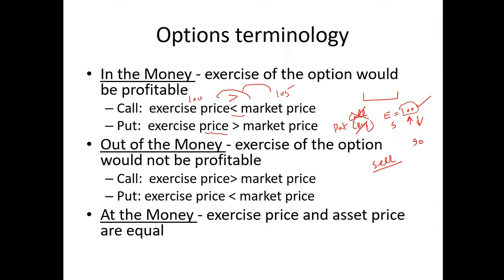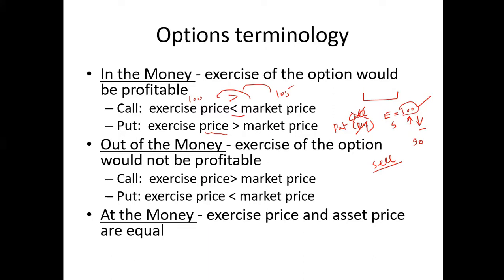Because you think that the price may go down, may fall, and therefore when you sell in the market, you will get a lower price. That is why you have bought it. So it will be beneficial only in the event of a fall in price, not in a rise in price like in a call.